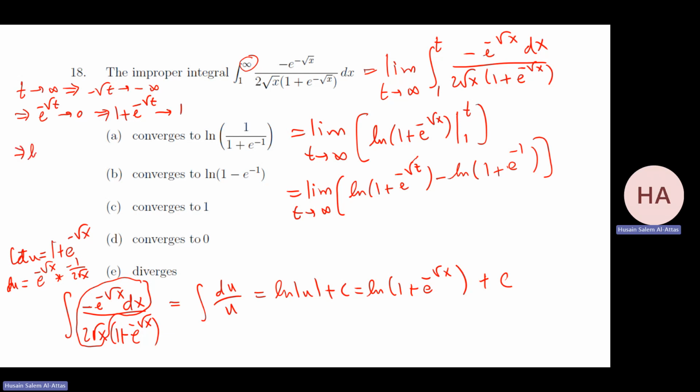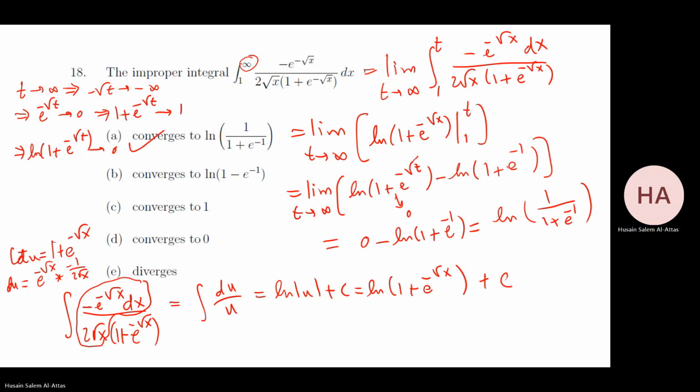That implies ln of that goes to 0. So all of this goes to 0. So you have 0 minus this, which can be written ln of 1 over (1 plus e to the minus 1). So it converges to this. Yeah, this minus can go as a power.